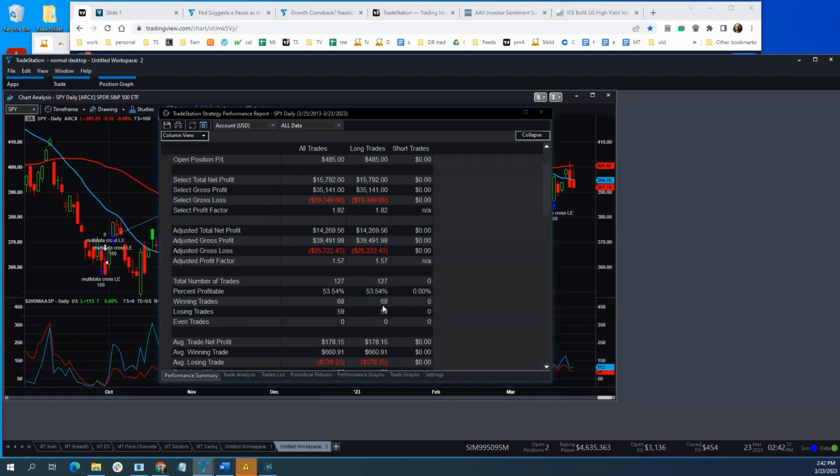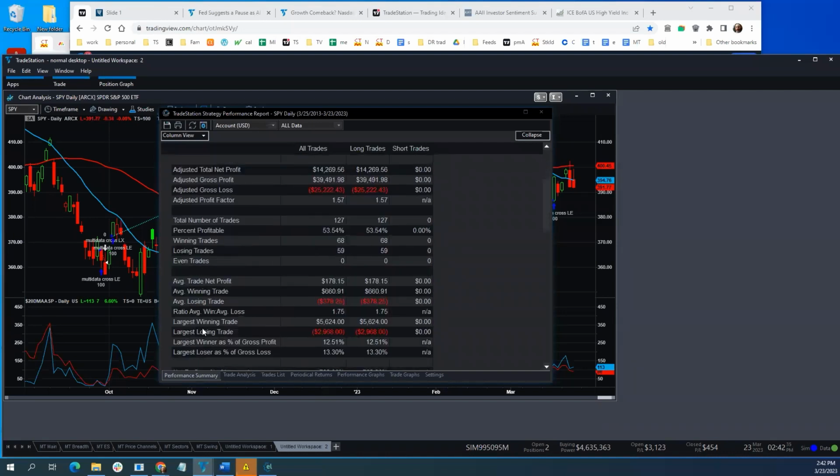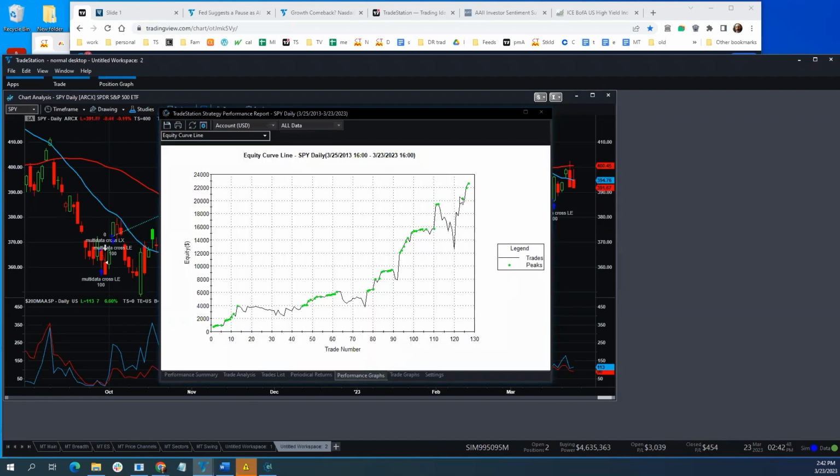All right. It shows that the average winning trade is $660, and the average losing trade is $378. You can play around with it probably to do some other stuff. I like to look here at the performance graphs, because what you can see is that some of the biggest drawdowns were things that would have been kind of stupid to have acted on.